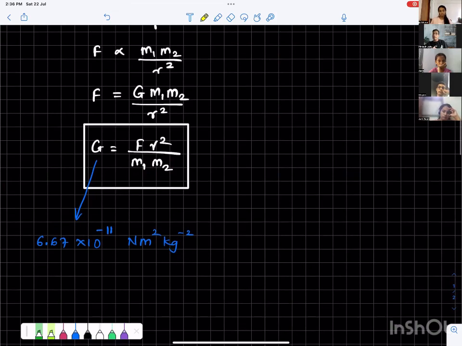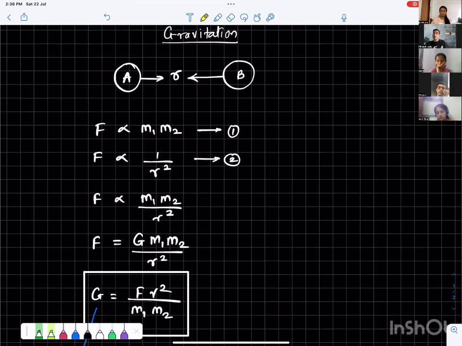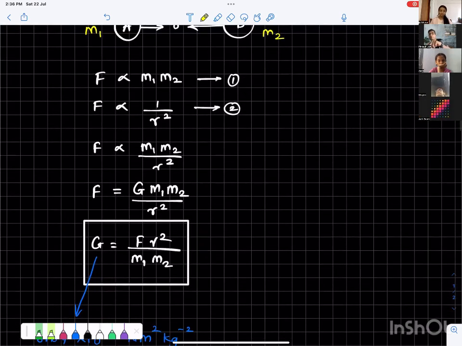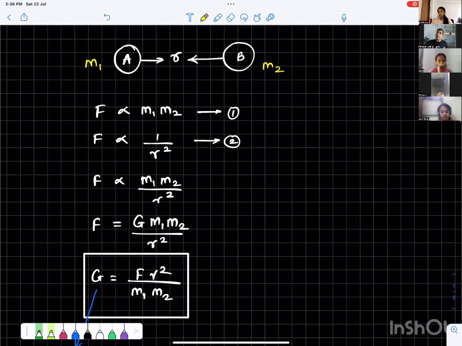Anybody having doubt still here, guys? So between any two objects, like A and B, there is a force of attraction. A is of mass m1, B is of mass m2, and F is proportional to m1, m2 and inversely proportional to r squared. I have one question. Navya, if the mass of A increases, what happens to the force?